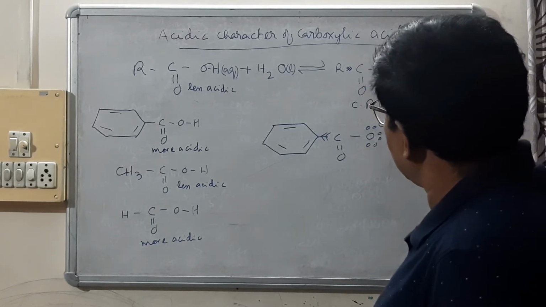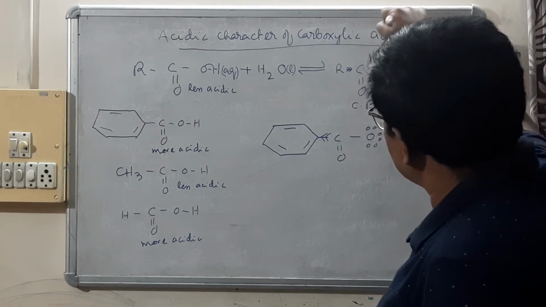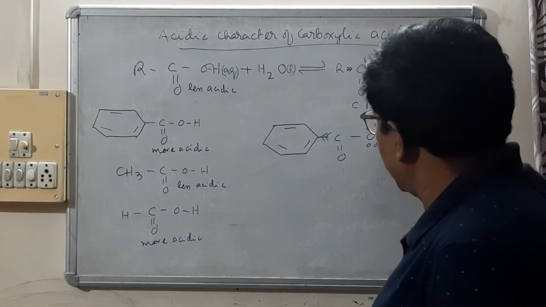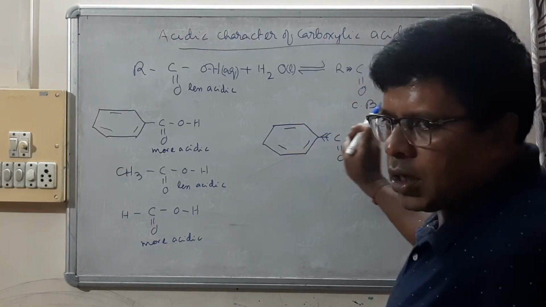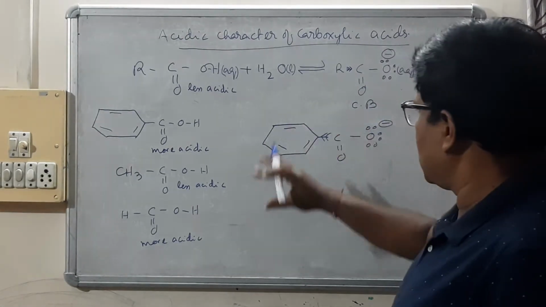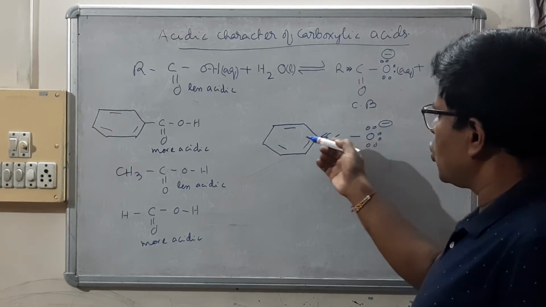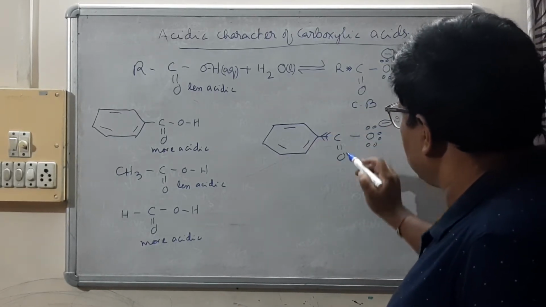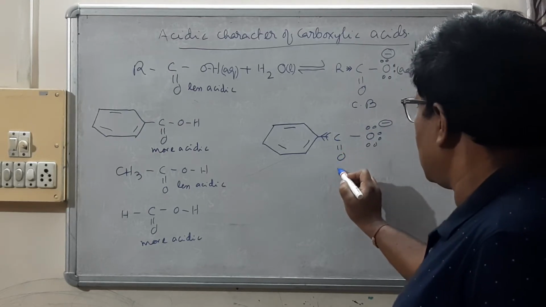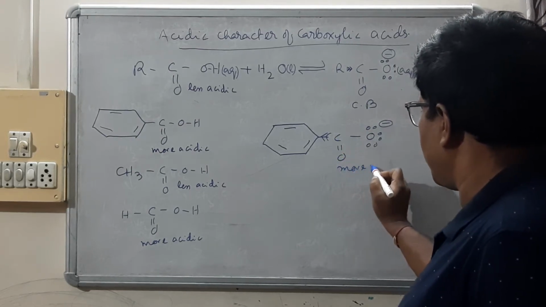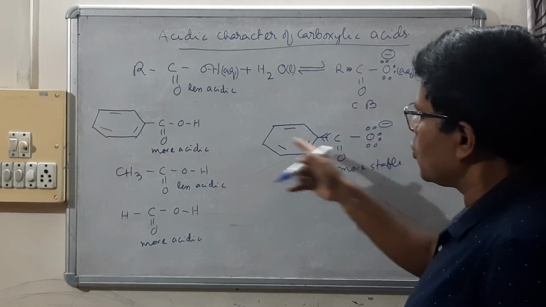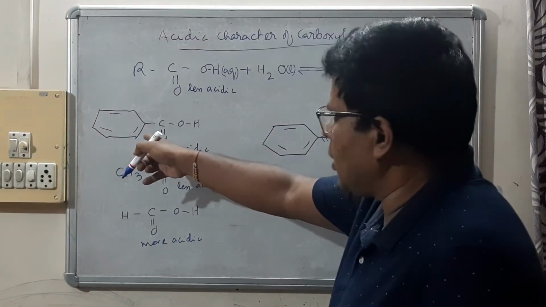So here the negative charge will get concentrated, whereas here the negative charge will get delocalized because of this electron withdrawing ability. So this conjugate base is more stable, so this one will be more acidic.